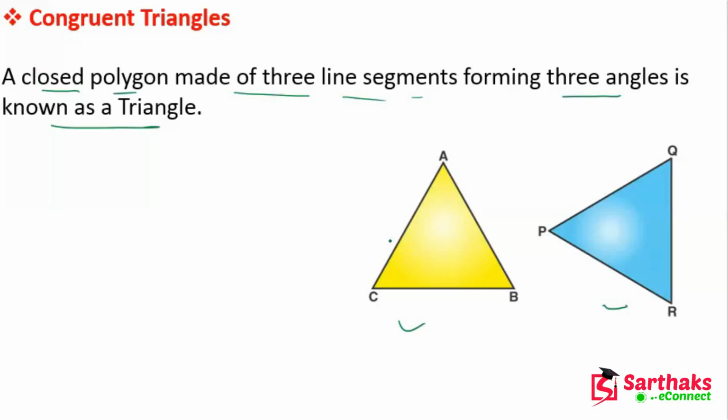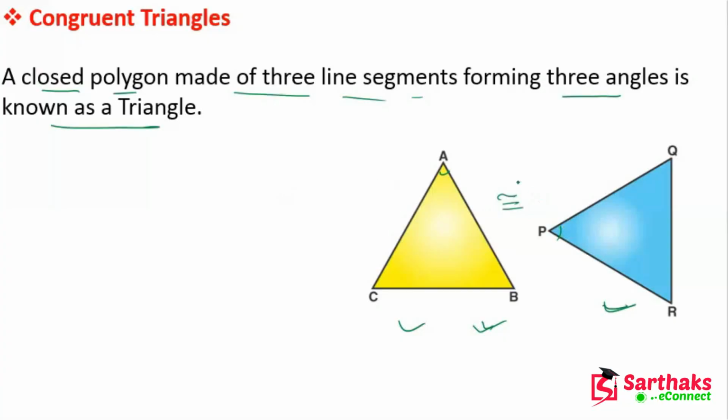Means the corresponding length of this triangle is equal to the corresponding length of this triangle, and the corresponding angle of this triangle is equal to the corresponding angle of this triangle. So we can say that these two triangles are congruent. So two triangles can be superimposed side to side and angles to angles, means we can coincide them. Got it, my dear friend?